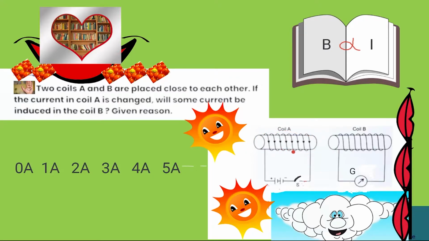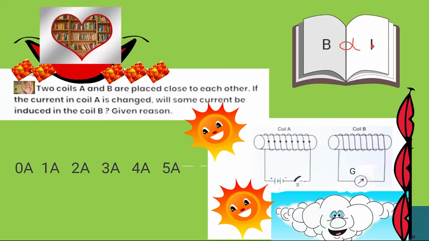Am I clear? Okay. Now children, as this coil was having the current, I have also seen that the galvanometer showed some deflection in the needle. Okay, but why? What is the reason? As I just told you, magnetic field is directly proportional to current.